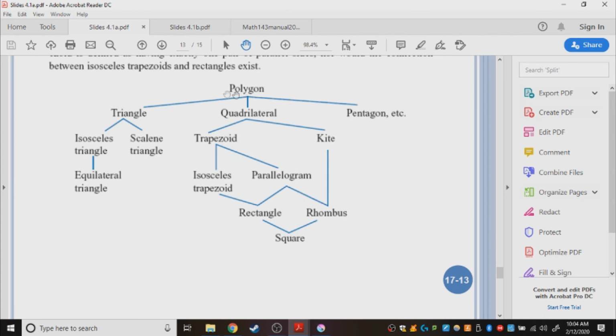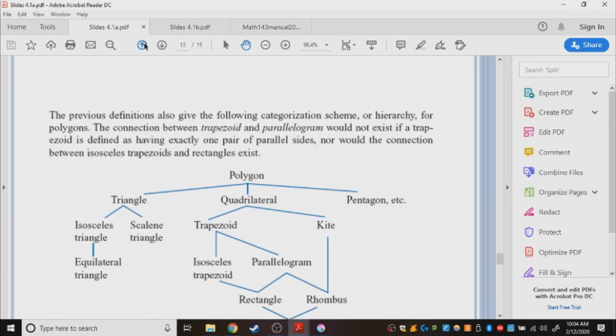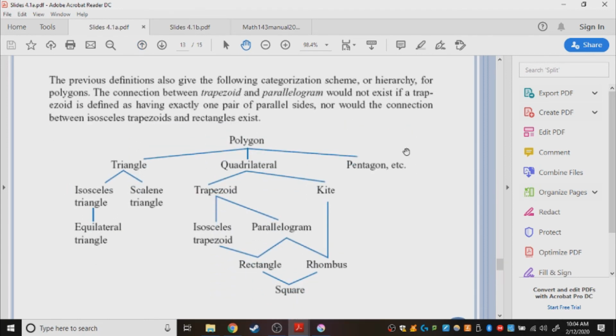So I have my family called polygons, and then the first split is according to how many sides. And then within the triangles, I have different kinds of triangles. And we said that a special isosceles triangle is an equilateral triangle. So they are sort of below each other.